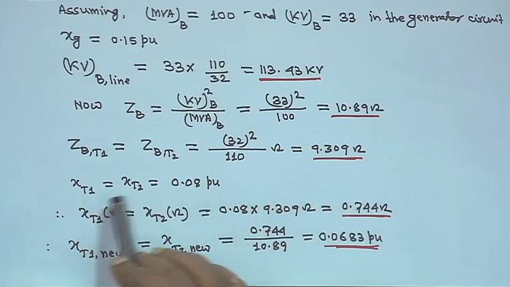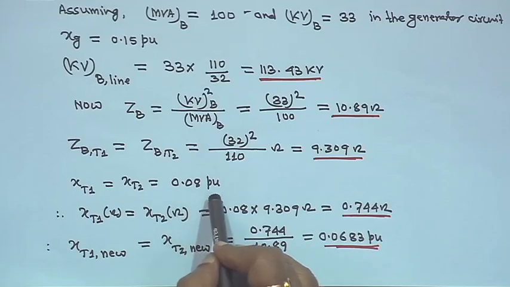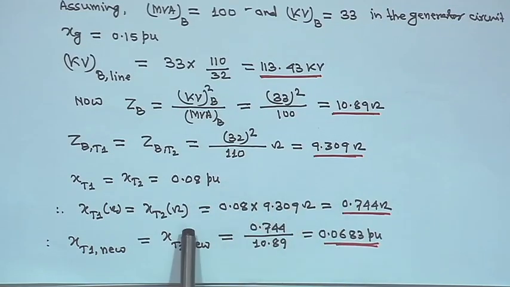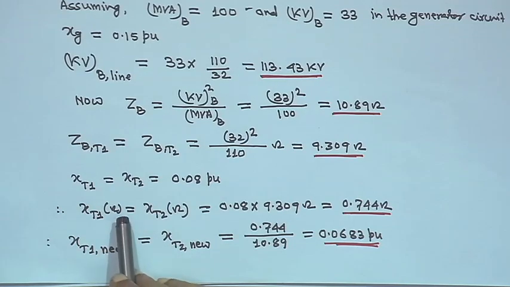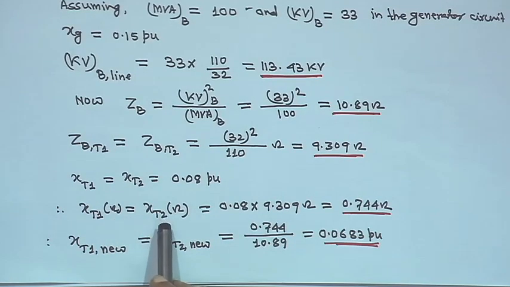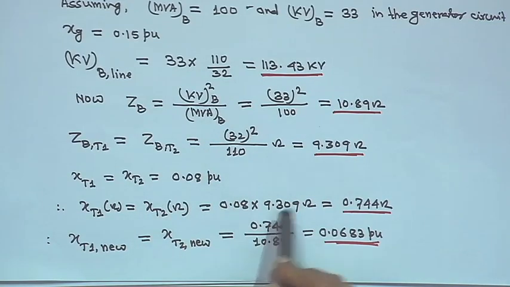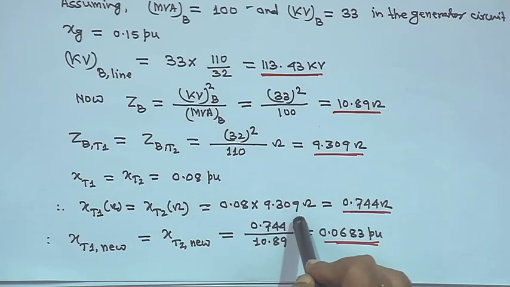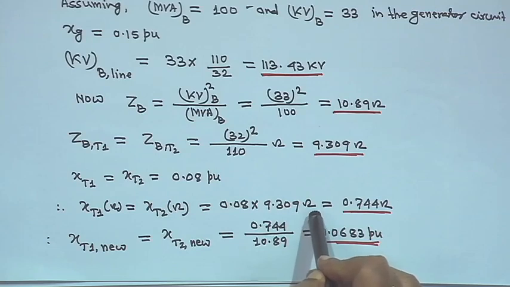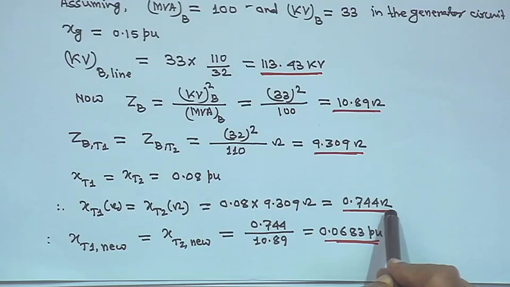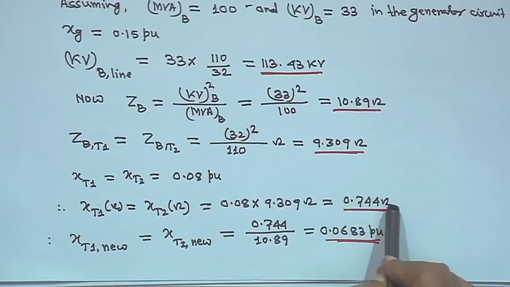Therefore, XT1 and XT2 are given as 0.08 per unit, that means XT1 in ohms is equal to XT2 in ohms, as both transformers have the same per unit value. You convert it to ohmic values: 0.08 into 9.309 ohm, that is 0.744 ohm. So this is the ohmic value of the transformer reactance.